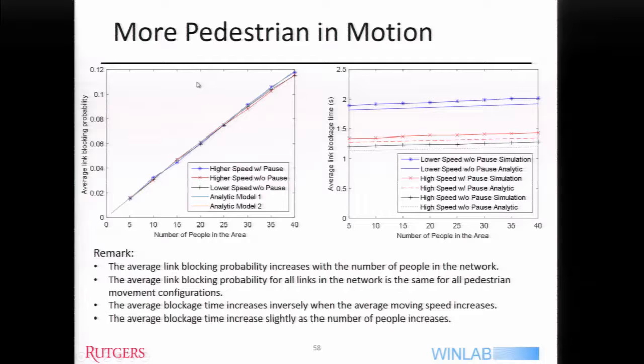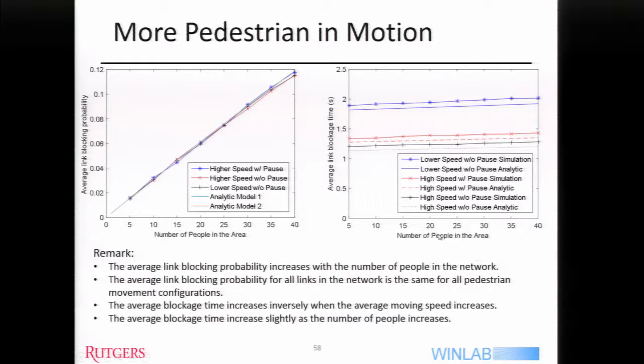And when we vary the number of people moving in the area, we can see that the average link blockage probability fits quite well. It's interesting that it doesn't depend on how fast the people are moving. The link blocking probability is only related to the density of the pedestrians in the network, not to how fast the pedestrians are moving.